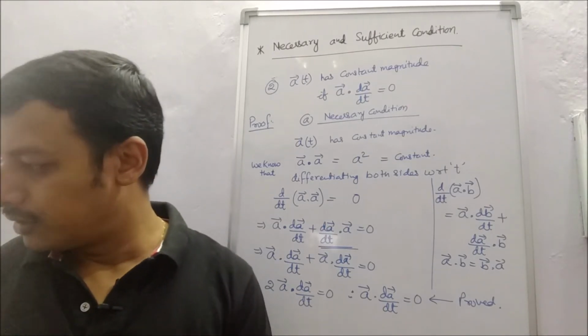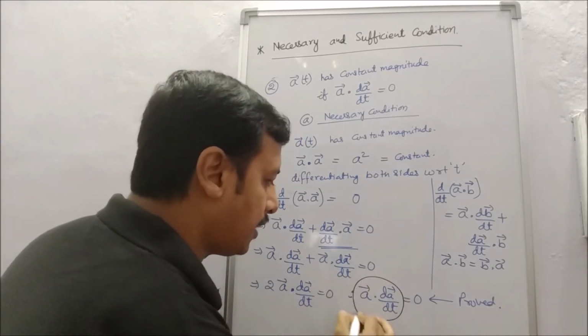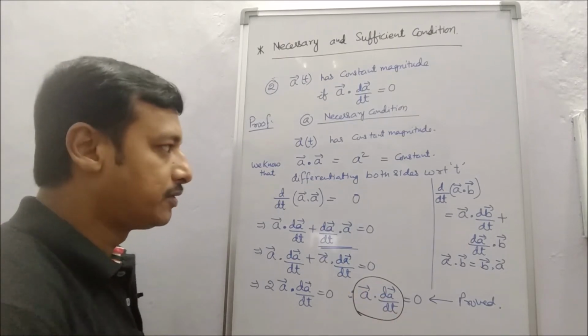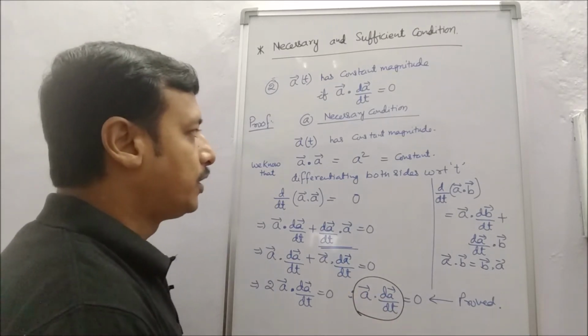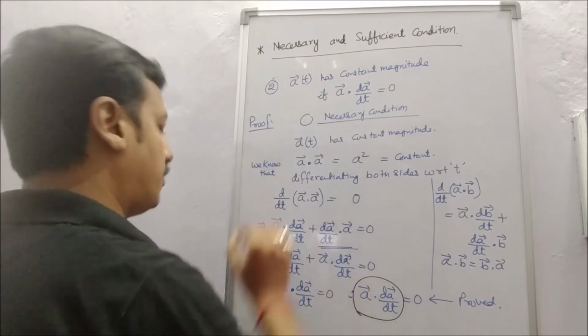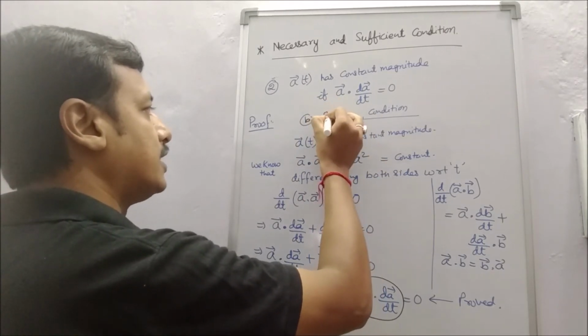The next is the sufficient condition, that is, we start from A dot dA/dt is equal to 0, and we are going to prove that A(t) has constant magnitude. So, number B, sufficient condition.